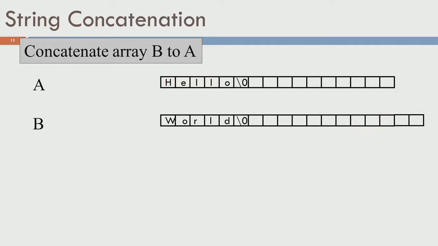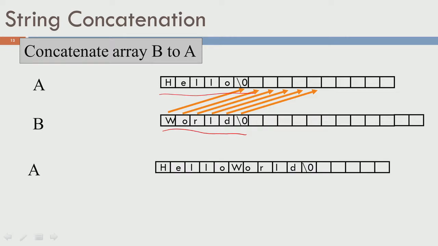Then let us look at this function called string concatenation, or the idea of concatenation. Let us say I have this string called world and I have a string called hello, and I want to make a single string hello world. That is called concatenation. What I really want is, I want to copy W to this \0, O to the next location, R to the location after that, and so on, including \0 of B to be copied here.